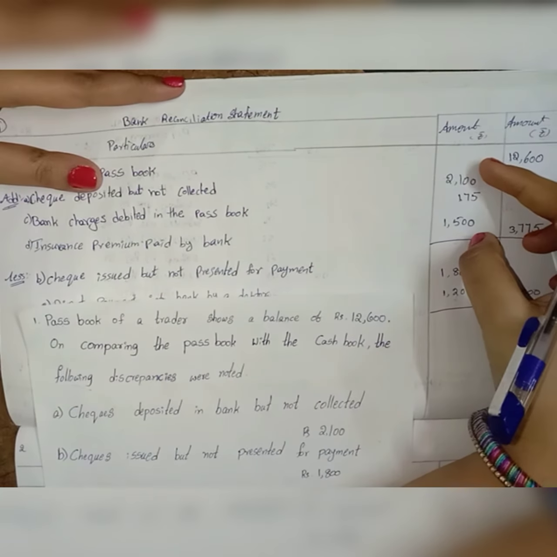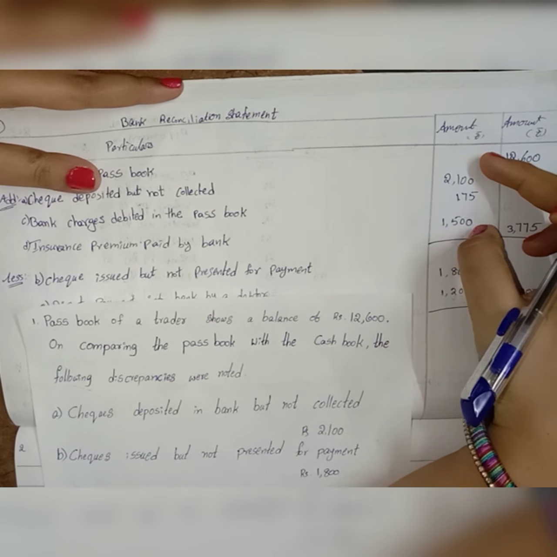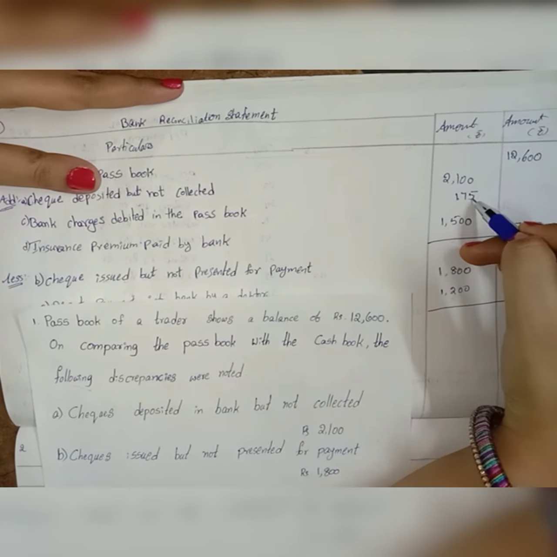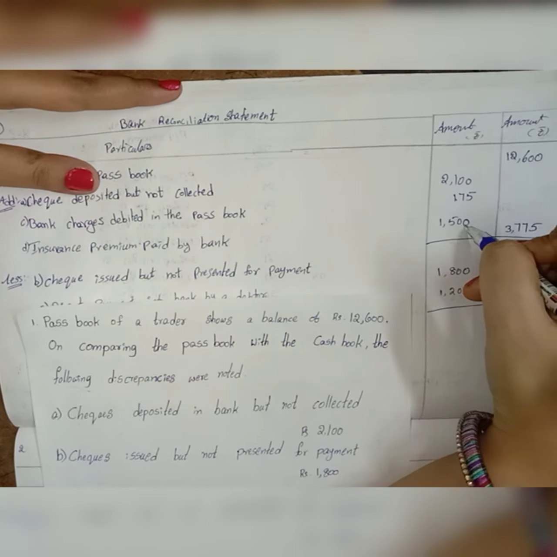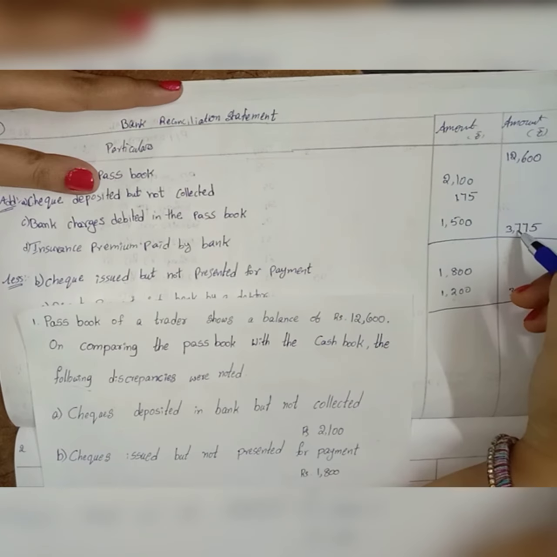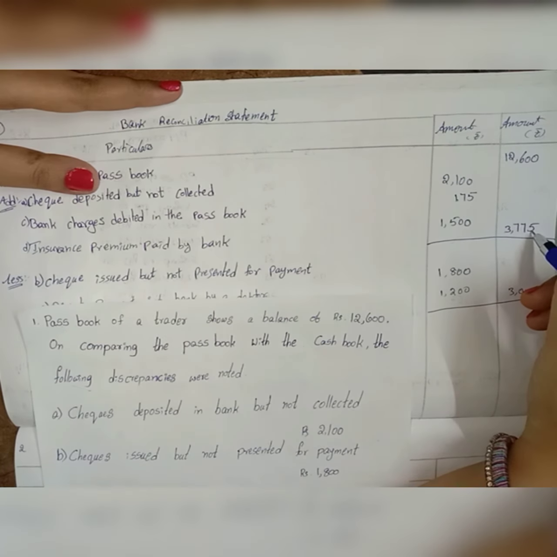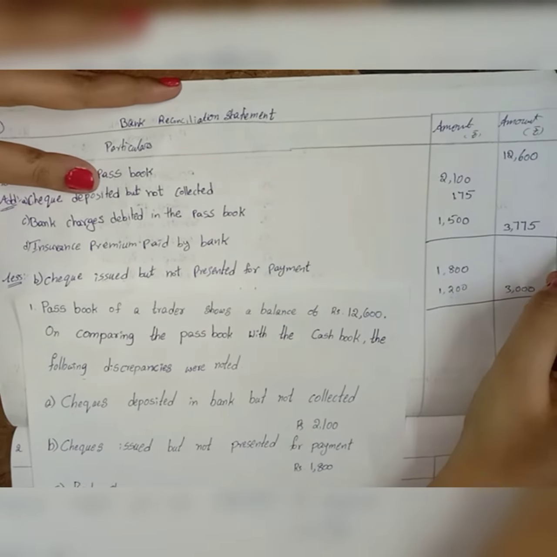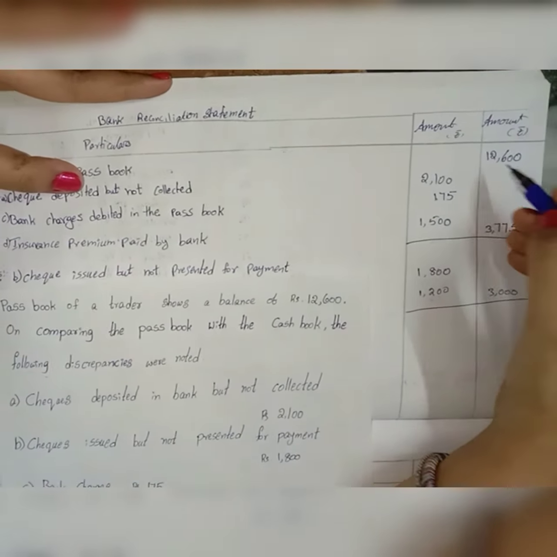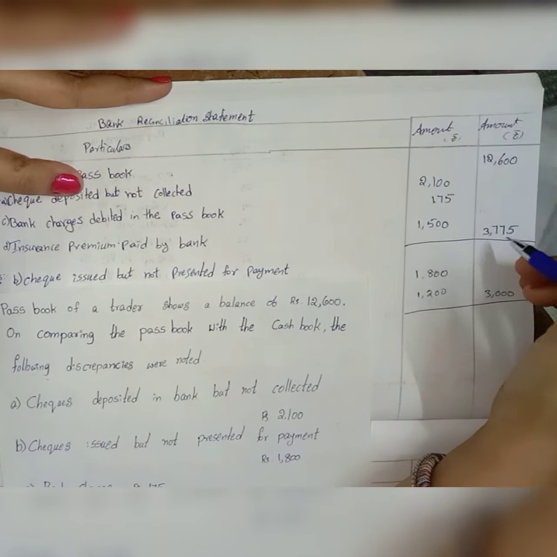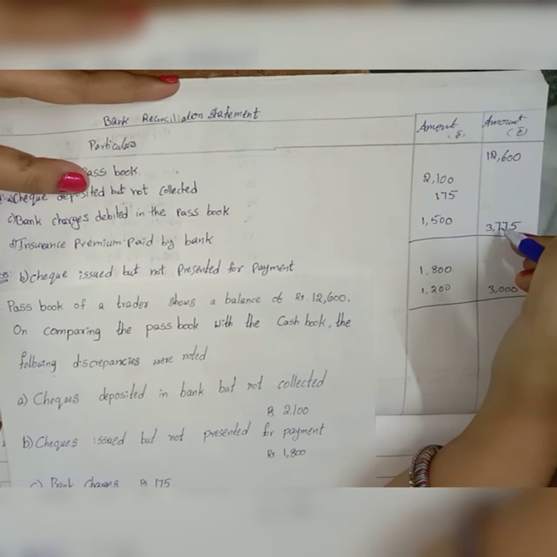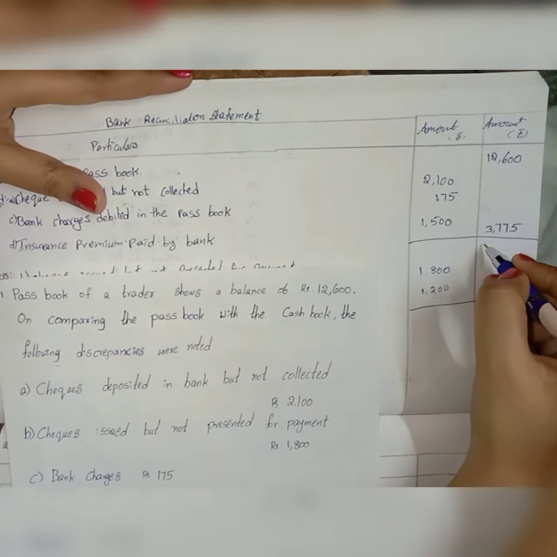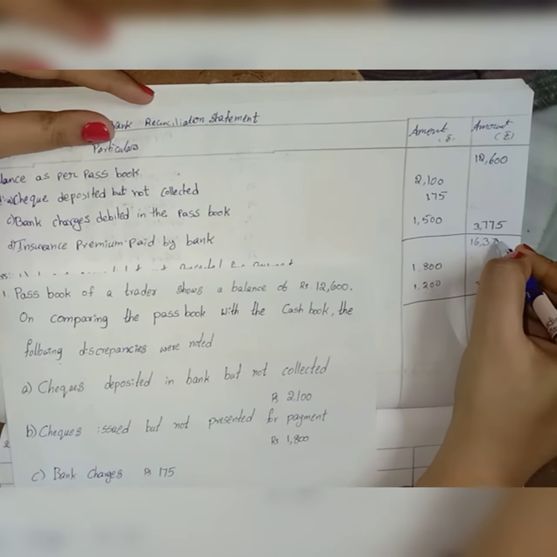We make the total for these three: 2,100 plus 175 plus 1,500, and the total is 3,775. Then we make the total: 12,600 plus 3,775 is 16,375.